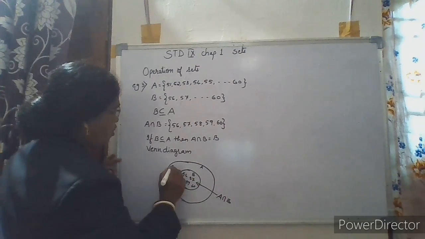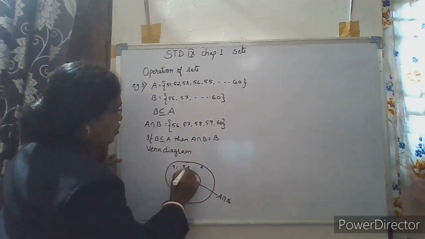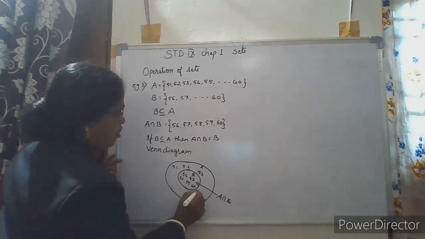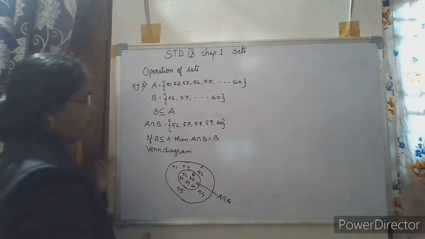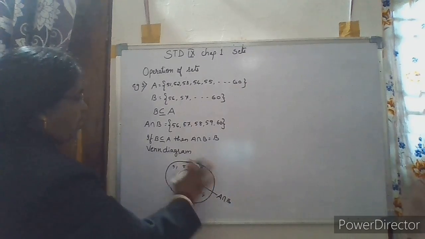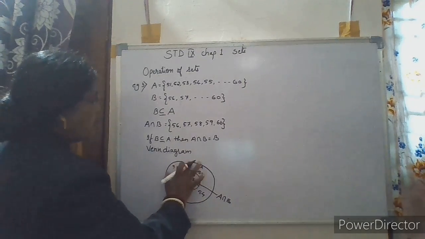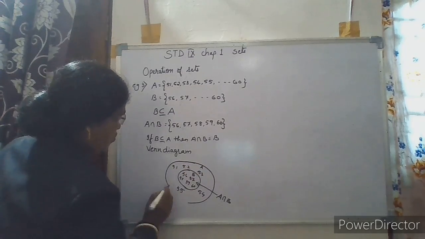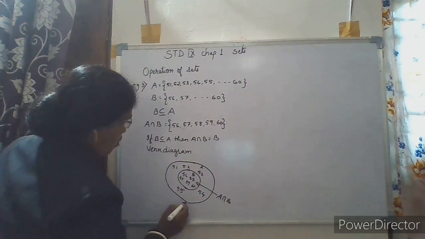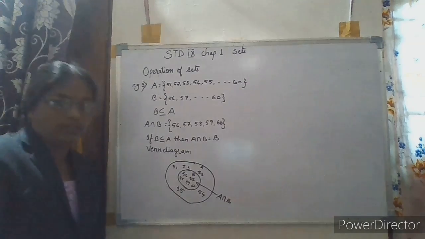So, 51, 52, 53, 54, 55. So, this set A is now a fully complete set. This is the Venn diagram for subset.